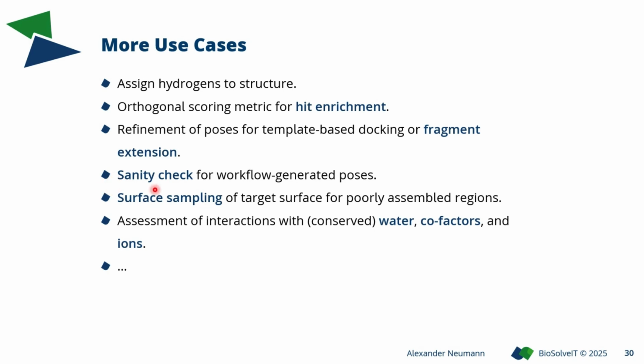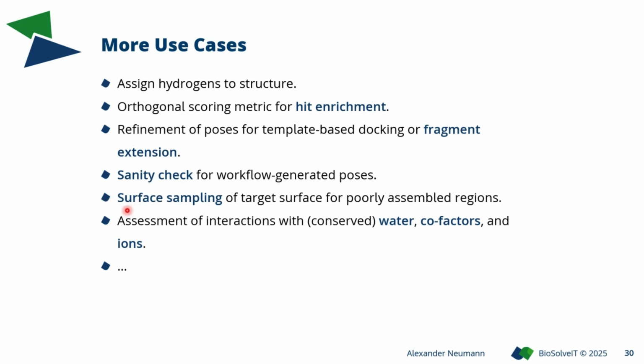So basically, if your workflow is there to really do de novo pose predictions, it's quite nice to have somebody like HYDE looking over it and telling you, well, there are no clashes because your algorithm didn't include them, just to really see, is this a valid pose or not? Or are there a lot of clashes? Are there a lot of torsions even?